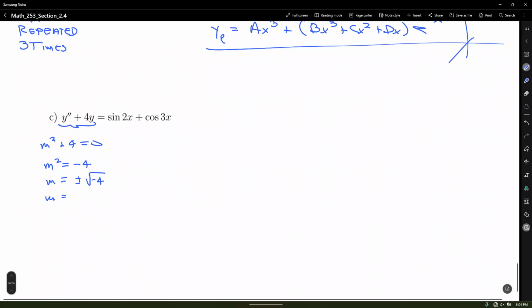Essentially, this is 0 plus or minus 2i, and the reason I'm writing it in the format alpha plus beta i is so we can see exactly that alpha equals 0 and beta equals 2.